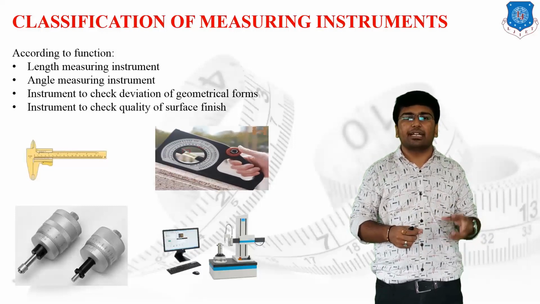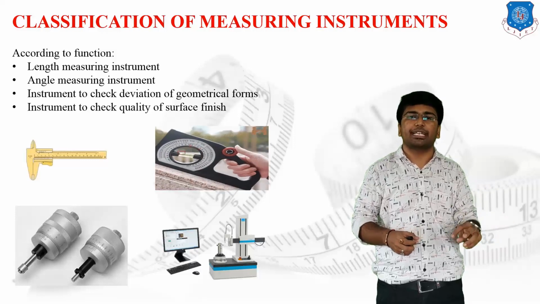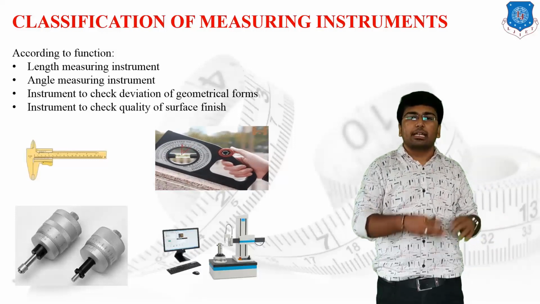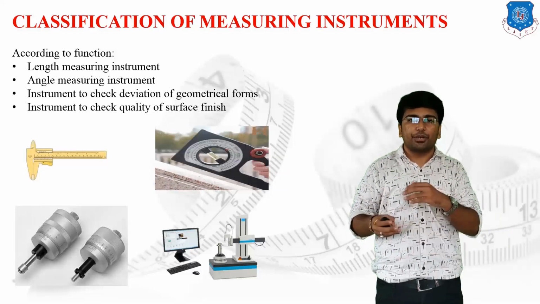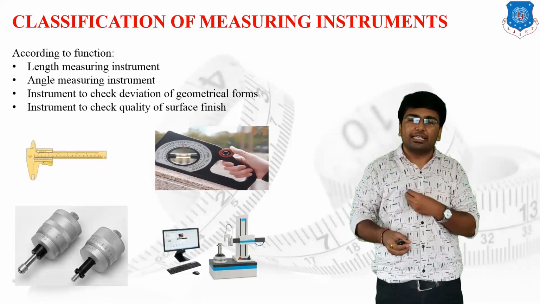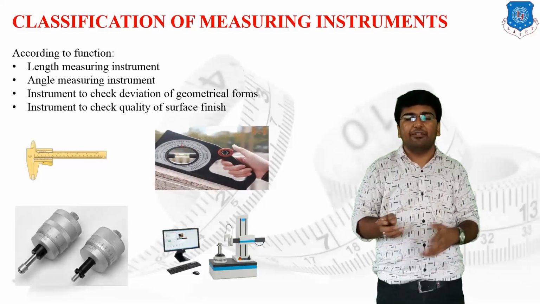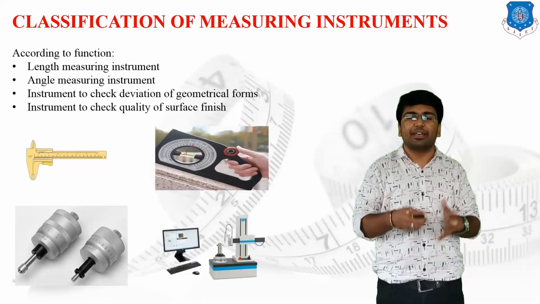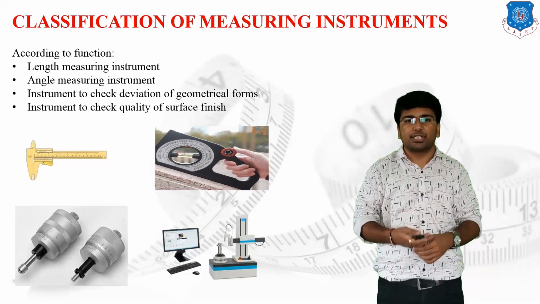I have to check whether the quality generated over the surface fulfills our basic requirement or not. Suppose I have to make sure that the generated surface is very smooth. So I will use such an instrument having a computer attachment. It is a very basic instrument useful for checking the quality of the surface finish.